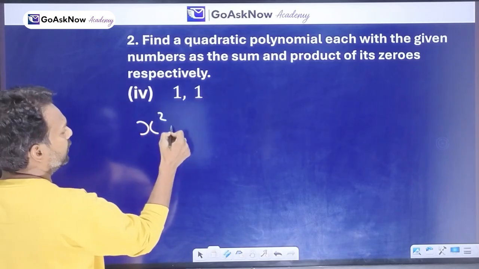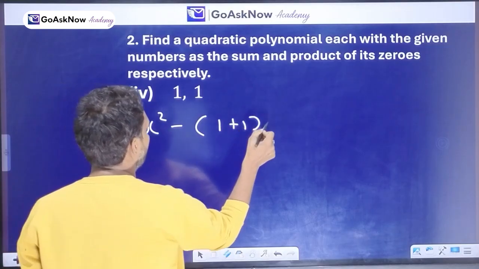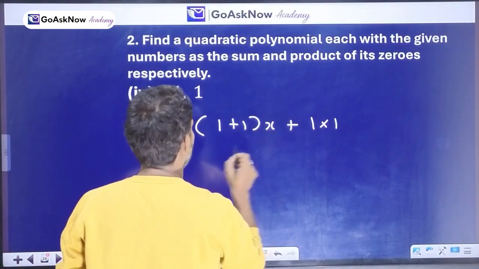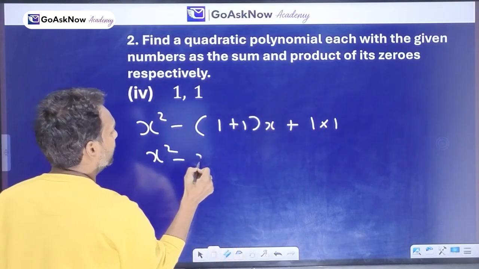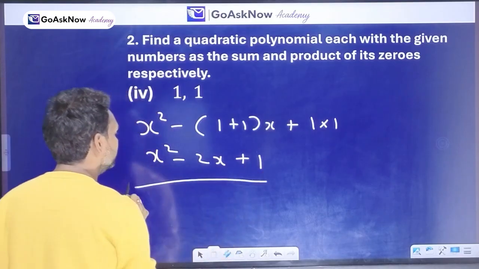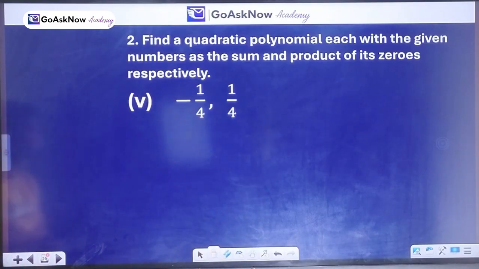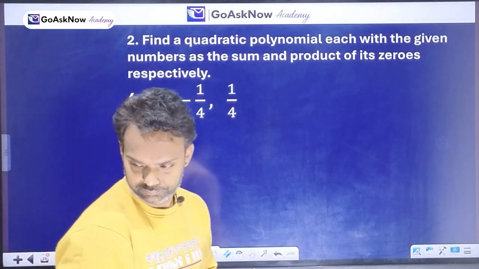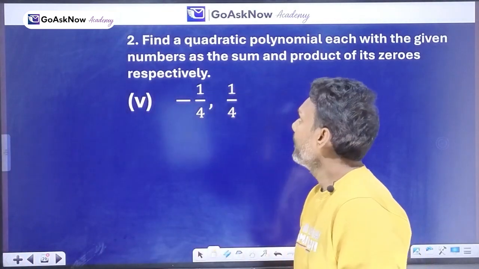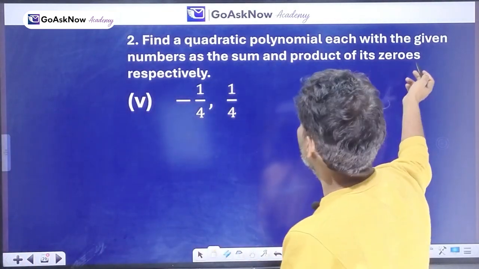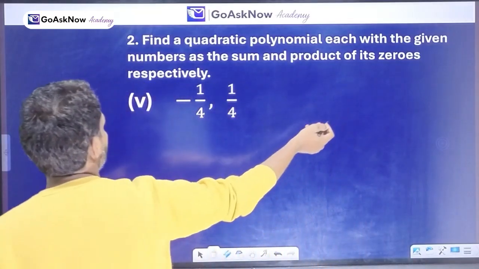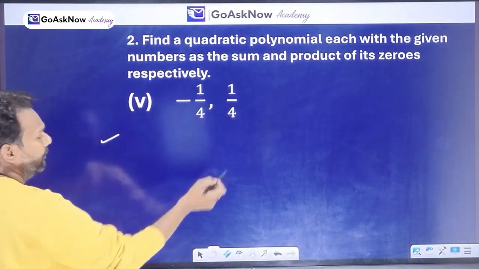For this also, x square minus 1 plus 1 x plus 1 into 1, we get x square minus 2x plus 1. Find a quadratic polynomial each with the given numbers as the sum and product of its zeros, that are minus 1 by 4 and 1 by 4.